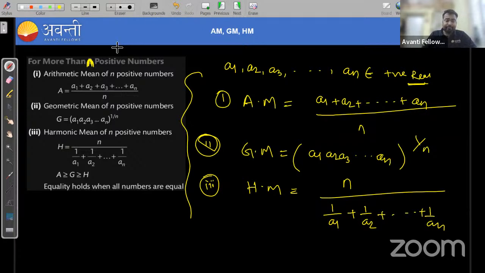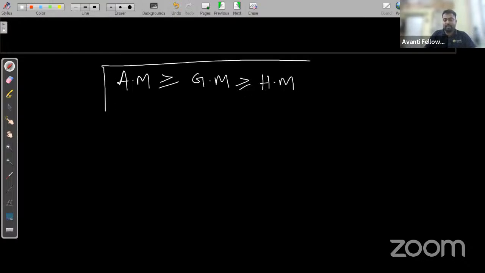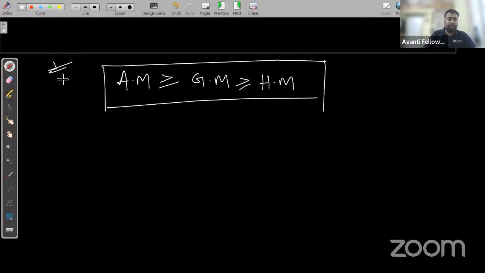Guys, remember the most important inequality in sequences and series, on which questions are always asked. The result is that the arithmetic mean is always greater than or equal to the geometric mean, which is always greater than or equal to the harmonic mean. Remember this inequality. This is very, very important, guys.